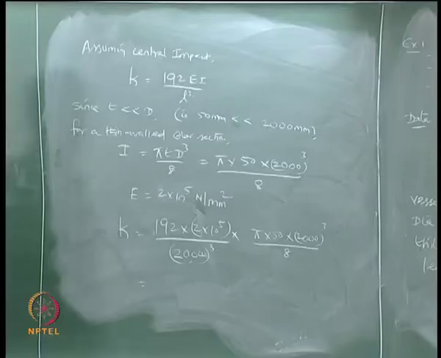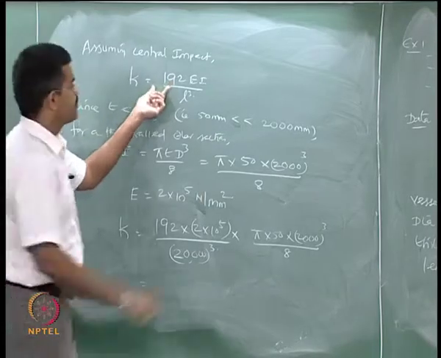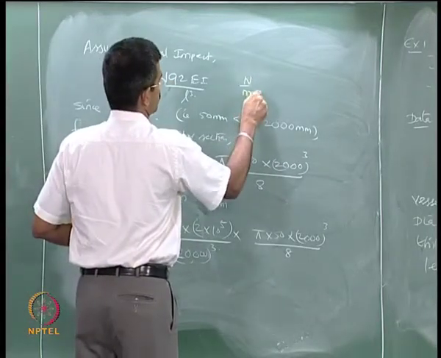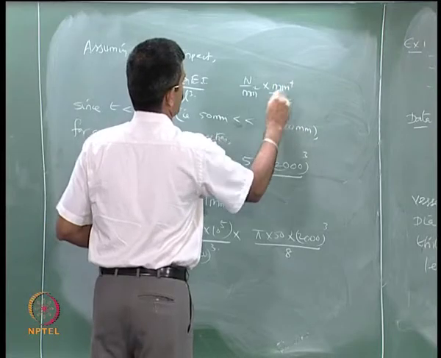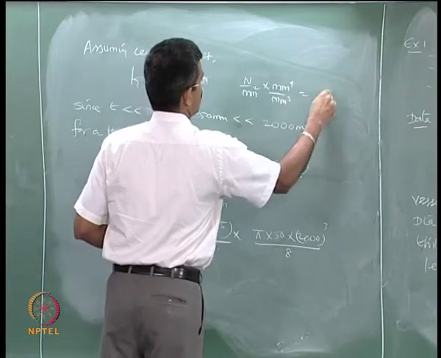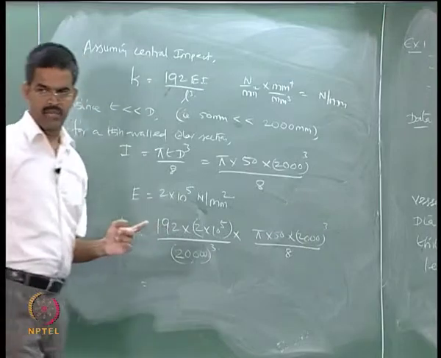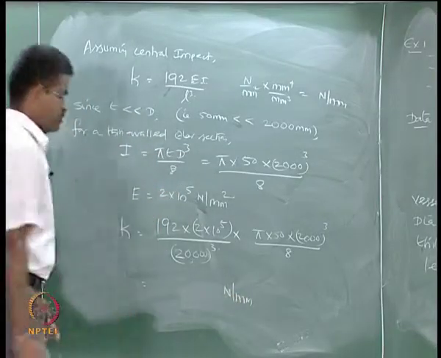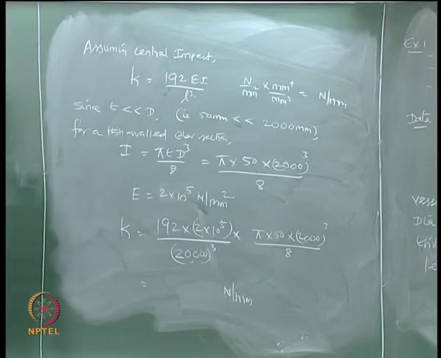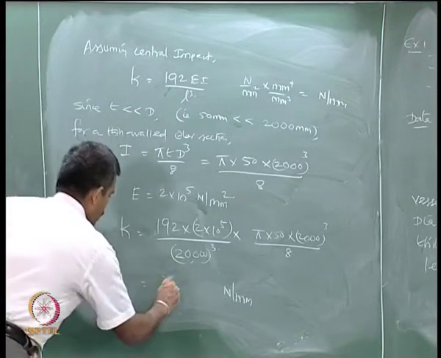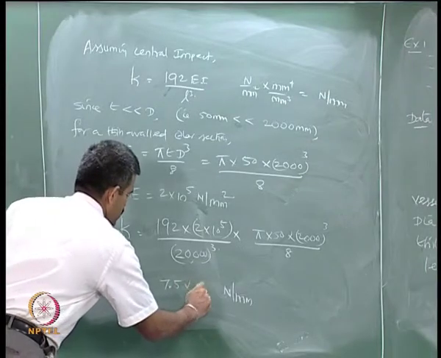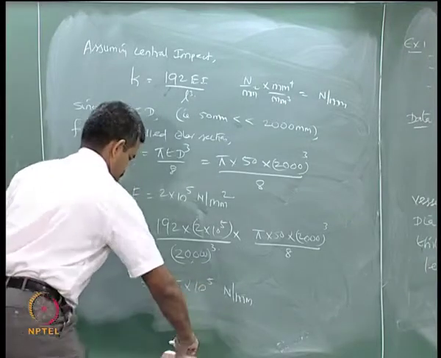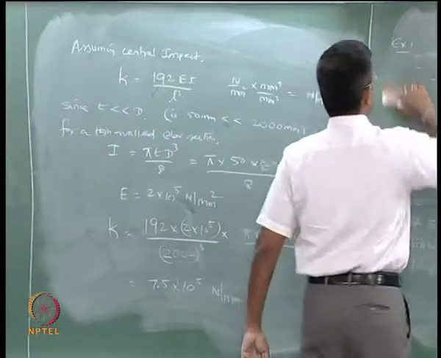If you look at the units of K, Newton per mm square, mm 4 and mm cube, I will ultimately get Newton per mm, okay. So, can you give me what is the value of K in this example? I get 7.5 into 10 power 5, that is the K value I get.